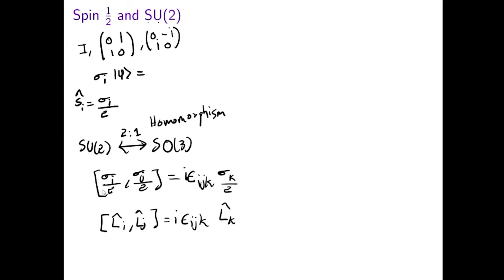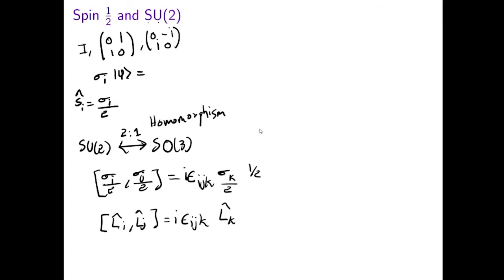Basically, we are talking about rotations in both of these cases, but the weird thing is, if you want to go from this group to this group, you need 2 elements that correspond to the one here. That's kind of obvious by means of the algebra, where there's a factor of 2 involved here. And in fact, this is just us talking about spin half, because they are just the Pauli matrices, and the Pauli matrices essentially just tell us about spin half particles.